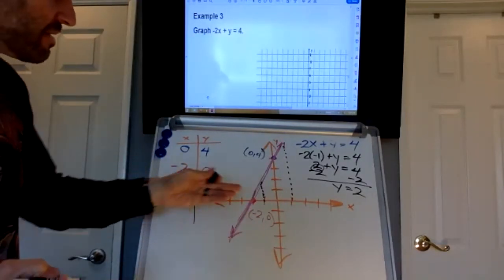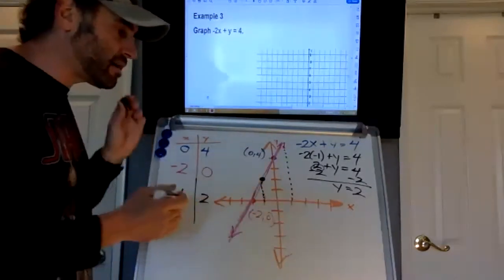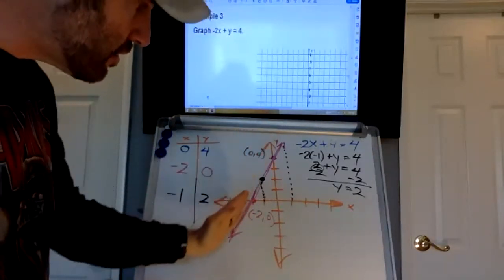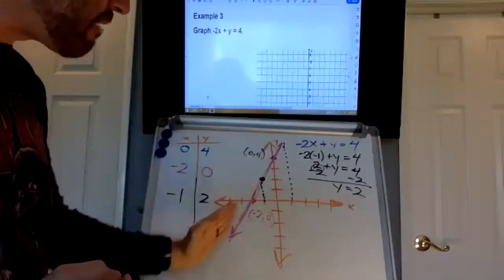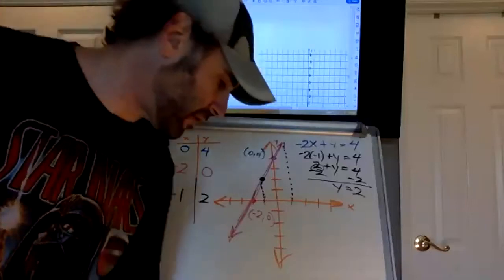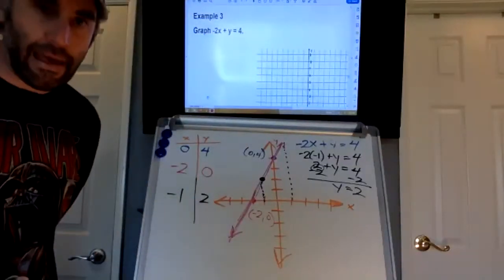But guess what? That point, -1, 2, is also on the line. Now when I'm trying to use my ruler to line that up, I can put it through all 3 points, and that will help me draw it a little more accurately. But you don't need 3 points. You only need a minimum of 2 points. Okay?